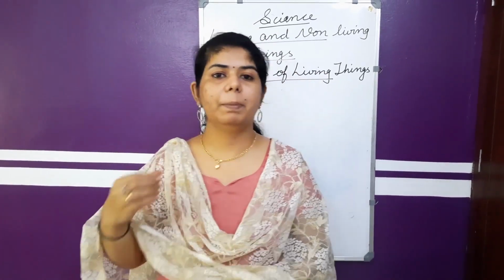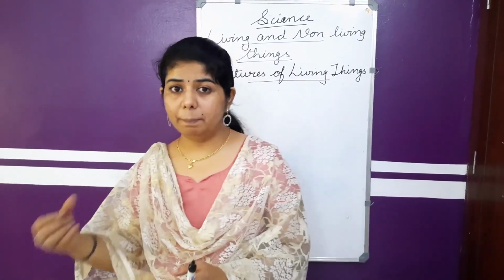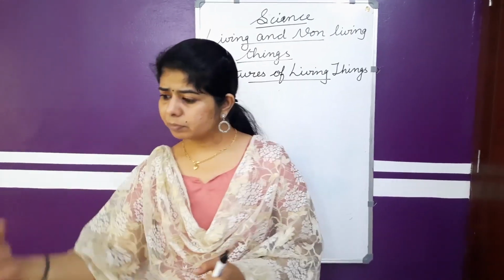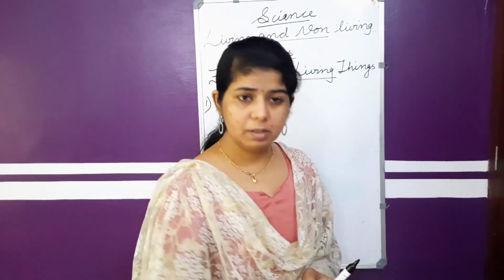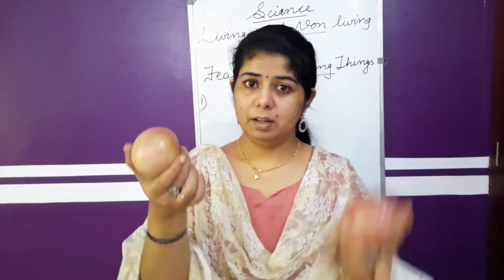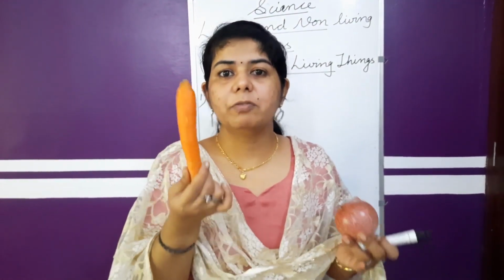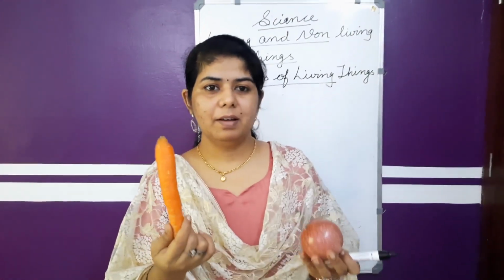We are all depending on plants, animals also depend on the plants for food. They'll be eating the leaves of it. We will take the fruit. Now, these items, what are they? They are fruits, vegetables, all these things. From where do we get them? From the plants.